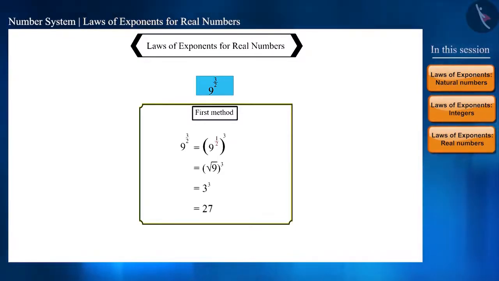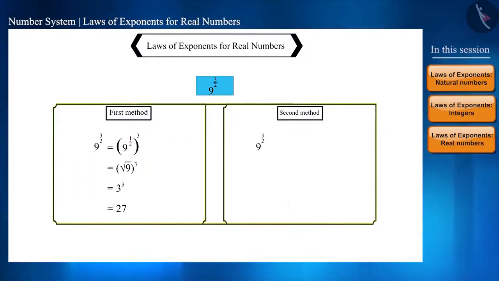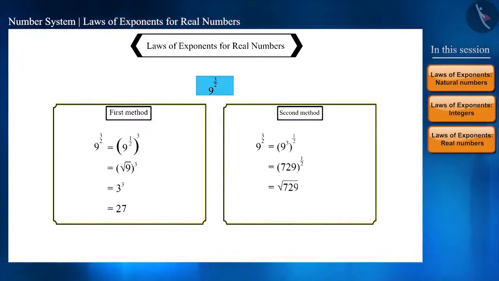And in the second method, first we'll take the cube of the base number and then the whole raised to the power 1 by 2. So cube of 9 is 729 and 729 raised to the power 1 by 2 is nothing but square root of 729, which is equal to 27.